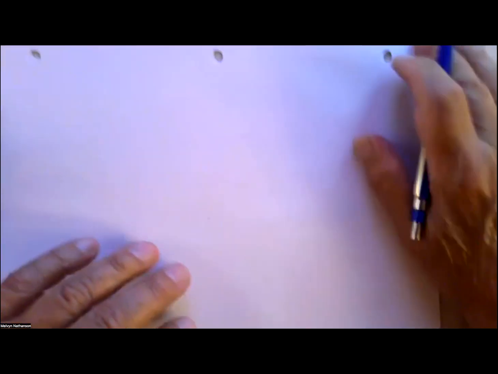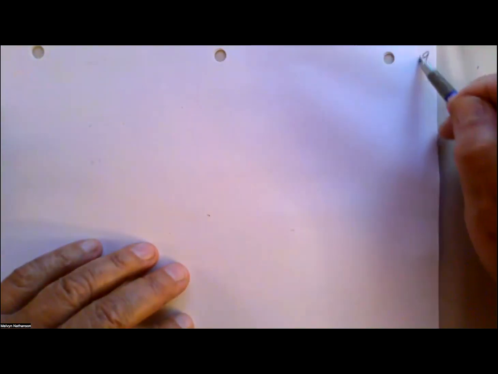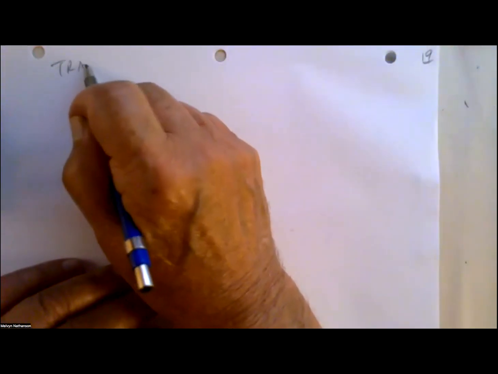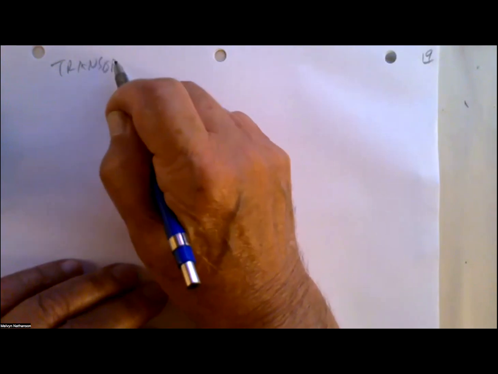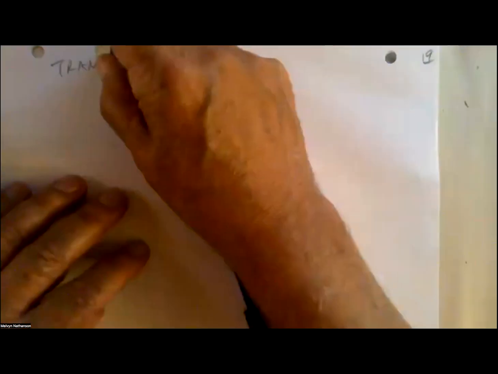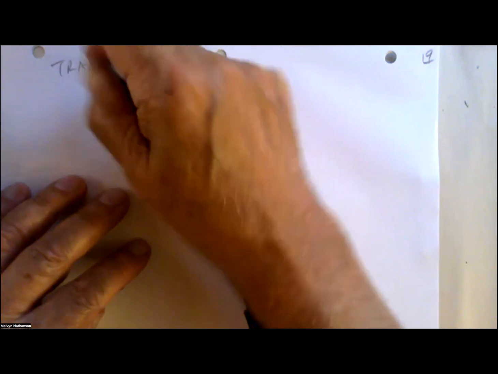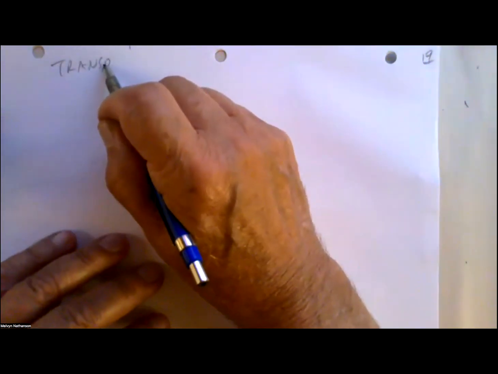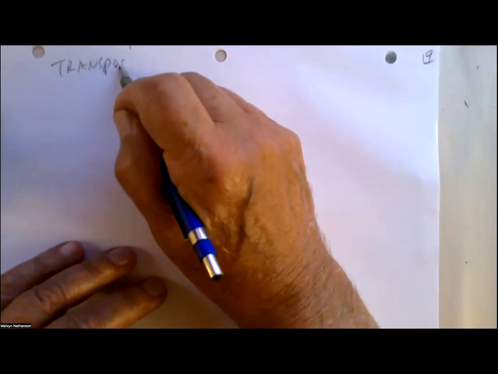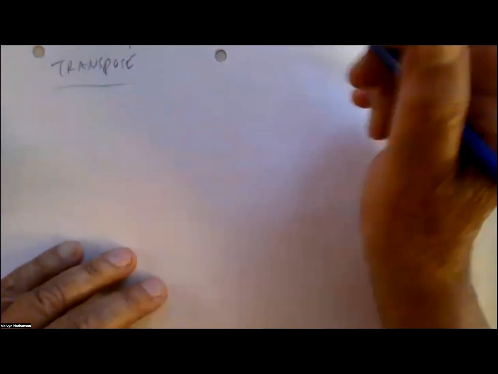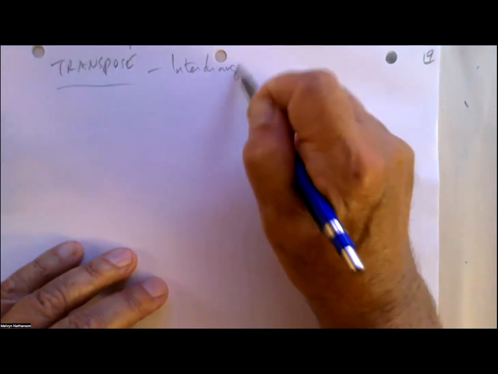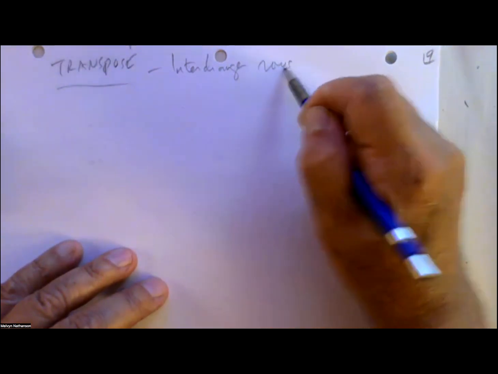And there's another operation on matrices, which is called the transpose. So this is the operation where you interchange rows and columns.